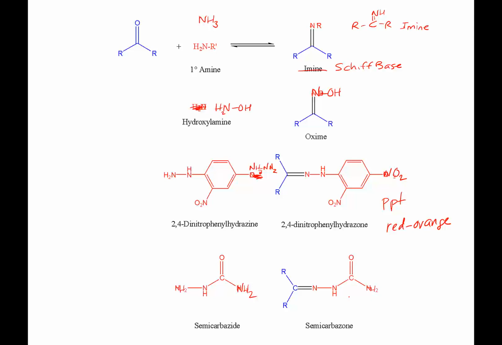The driving force then for each one of these compounds is the fact that they would precipitate from solution, and that drove the equilibrium to the right. Okay. And Schiff bases are still used as ways to make molecules that are ligands for different metal ions. So you can make the Schiff base and have it bind to like a copper.